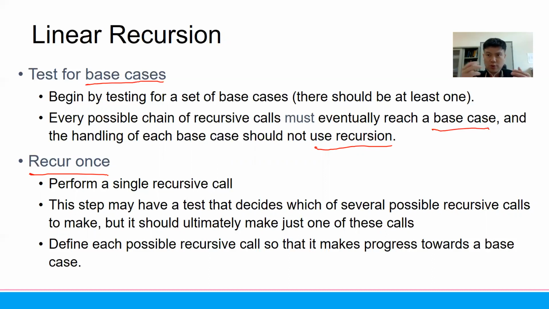Later we will learn about multiple recursion, where the recursion makes multiple calls. But for linear recursion, we just want to make one call. So define the recursive call so that it makes progress toward the base case. We define the recursive call, and then continue until the base case.